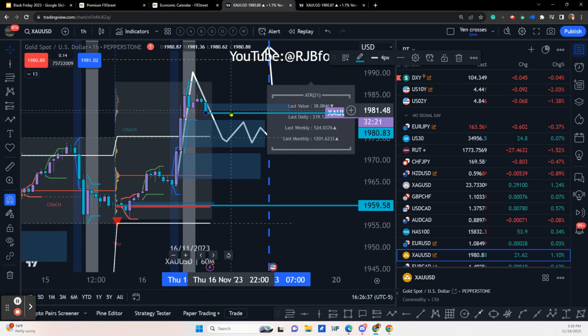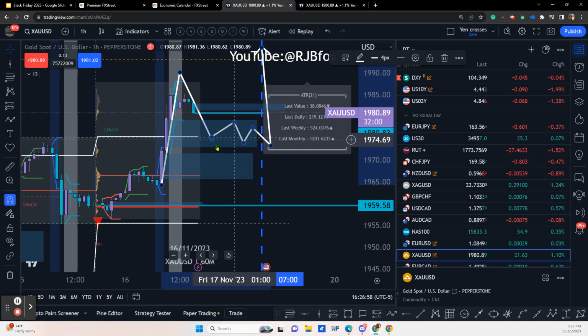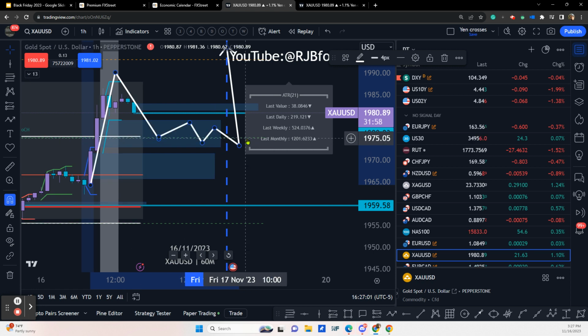Because if it does, it may mean that the stop hunt is done and that we're going to deteriorate and come lower. If the closing price remains intact and we've got a coiled market below it, yes, of course it can go one way or the other, but it depends on the behavior of price at a particular time of the day. And for me, it will be between 8 a.m.